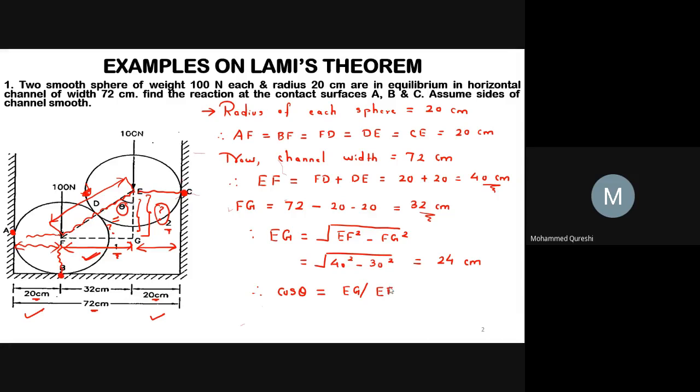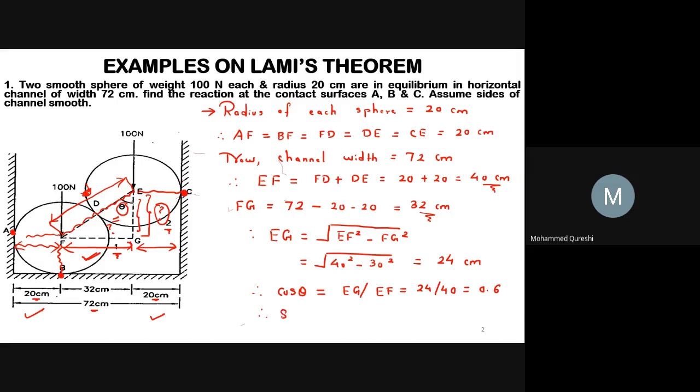What is cos theta? Cos theta is nothing but adjacent upon hypotenuse. So adjacent is our EG and hypotenuse is EF. So EG upon EF equals 24 upon 40 equals 0.6. So value of cos theta is 0.6.